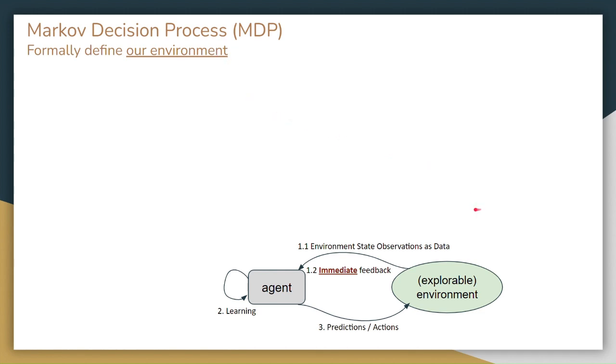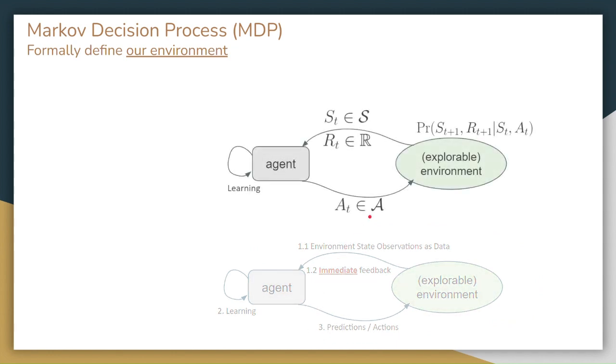Okay, let's start. This is the same reinforcement learning diagram that we already talked about in the previous slide. We're going to make it more formal. Now you can see we changed all the English words to proper mathematical notation.